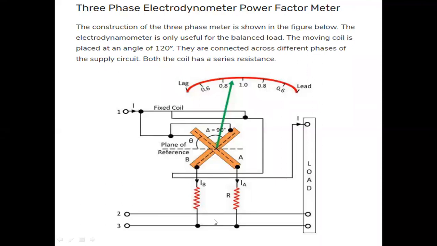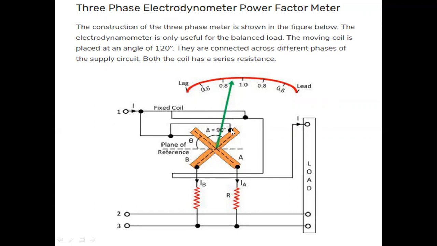There is no necessity of splitting the phases, but there is a requirement of phase displacement between the moving coils at a particular angle theta. That's why we displaced the phase.